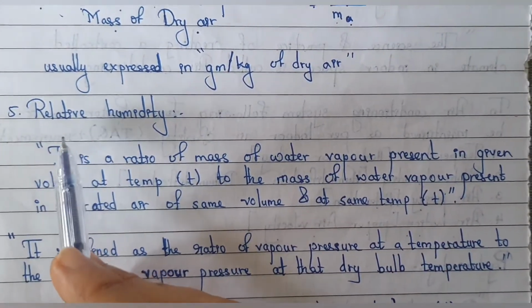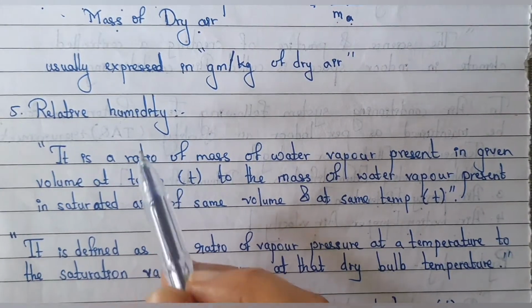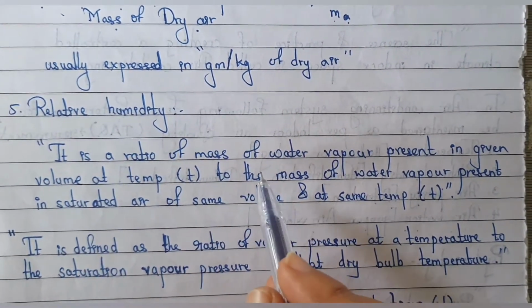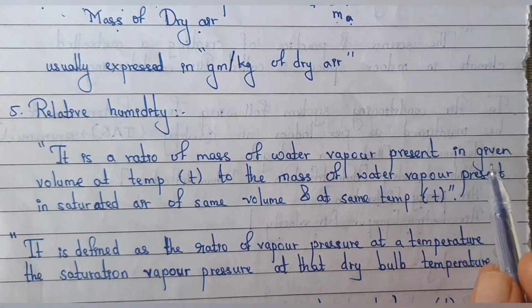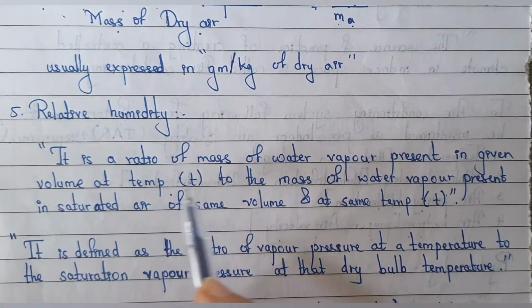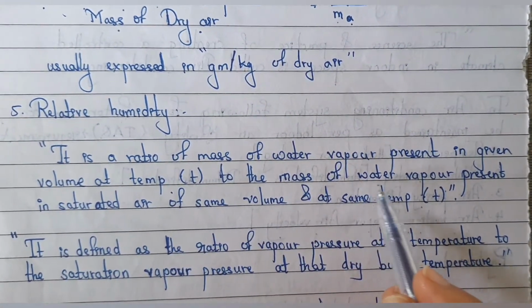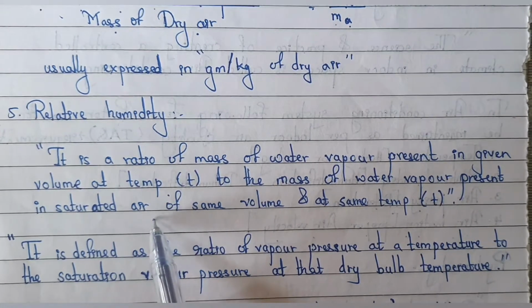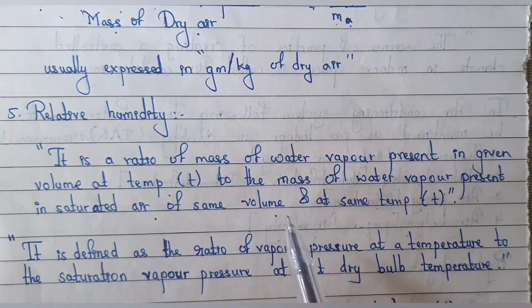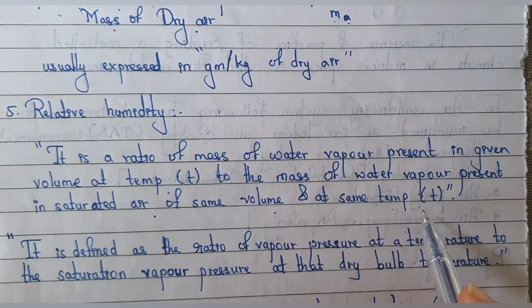Now our next definition is relative humidity. It is the ratio of the mass of water vapor present in a given volume at temperature T to the mass of water vapor present in saturated air of the same volume at the same temperature.